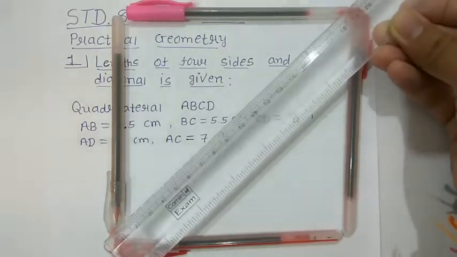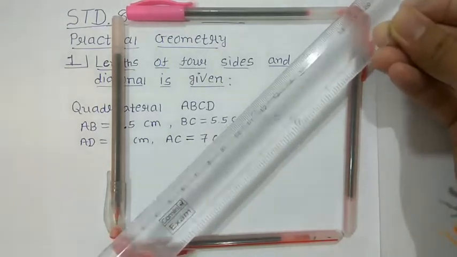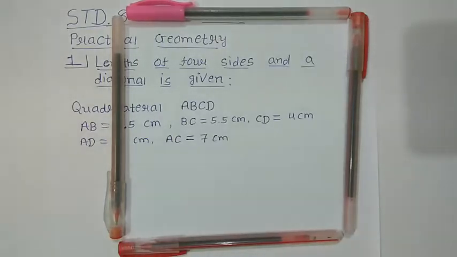It is up to 23, right? So this will differentiate between the square and the rhombus. So if we are given the diagonal along with the four sides, then we can draw the perfect quadrilateral, right? So now it is understood that a minimum of 5 measurements is required to draw a quadrilateral. Okay?